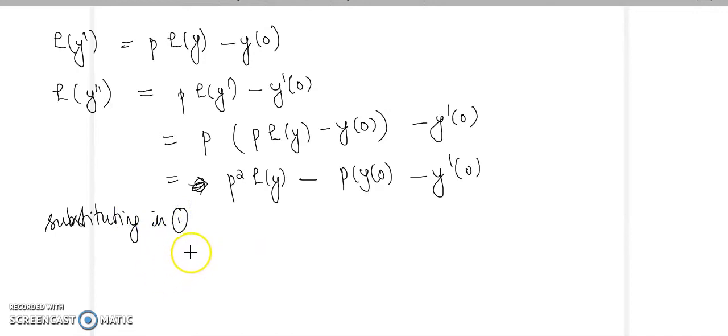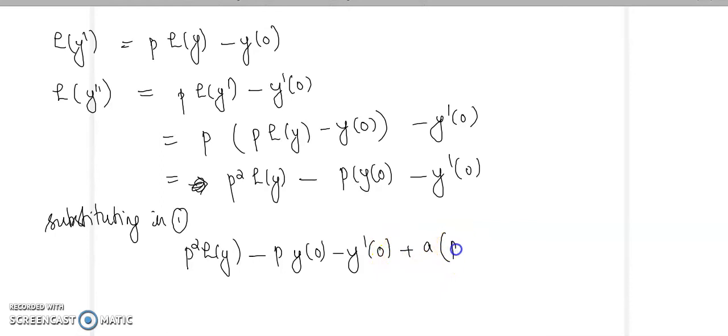we get L of y double dash, that is p square L of y minus p y of 0 minus y dash of 0, plus a times L of y dash, that is p L of y minus y of 0, plus the last term is b L of y, that will be equal to L of f x.